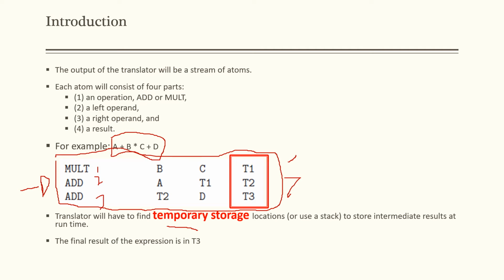Each atom must have an operation, what you want to do, such as multiplication, addition, or division, then a left operand, a right operand, as well as the result. The result will be stored in the temporary memory in this case. So this is the stream of atoms translated from the expression that you give here.